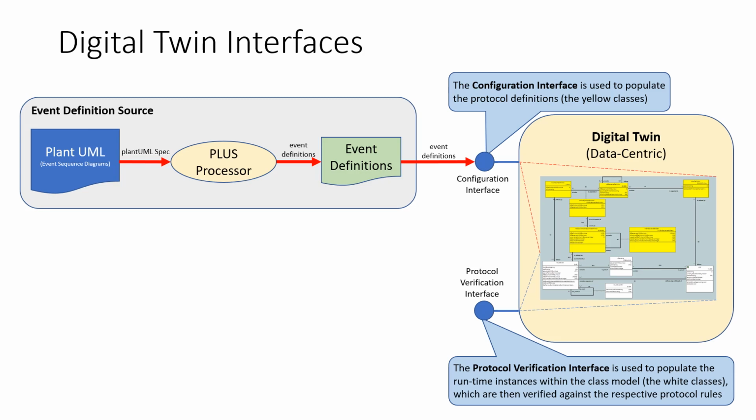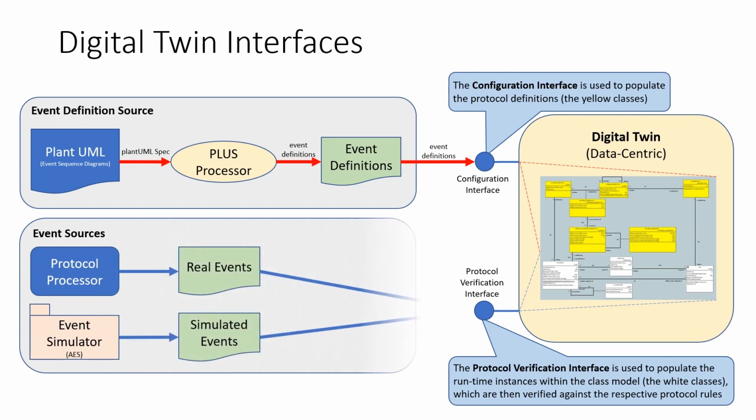The toolchain thus provided an effective means to overcome perhaps the single criticism of the data-centric solution, and resulted in reducing the skill level needed to configure the digital twin from a niche level to that of a commodity level, and focusing the problem on the subject matter rather than the technology needed to support it. Additionally, to support testing, an event simulator was also developed to generate example event sequences at a scale similar to that of the protocol processor.